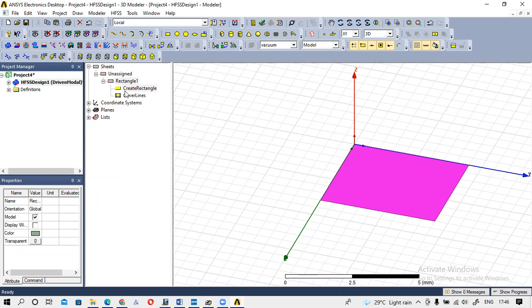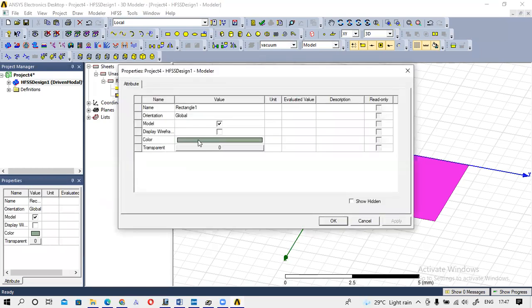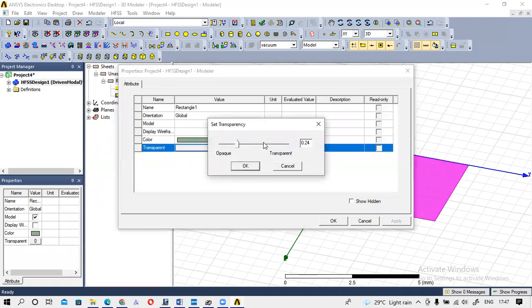Using this menu, if I double click on this rectangle one, you can see that I can change the color, the name, and also the transparency.